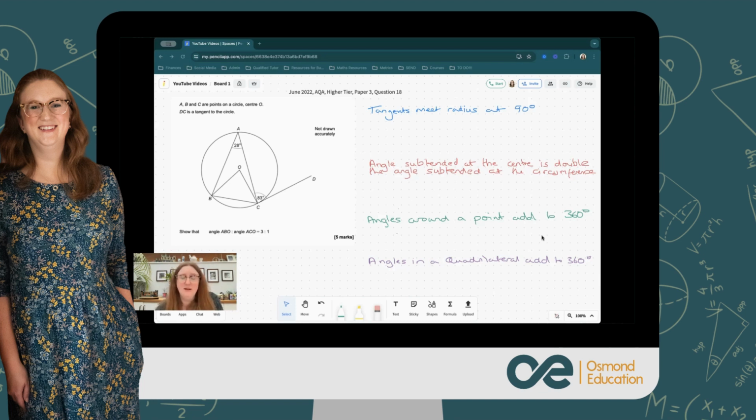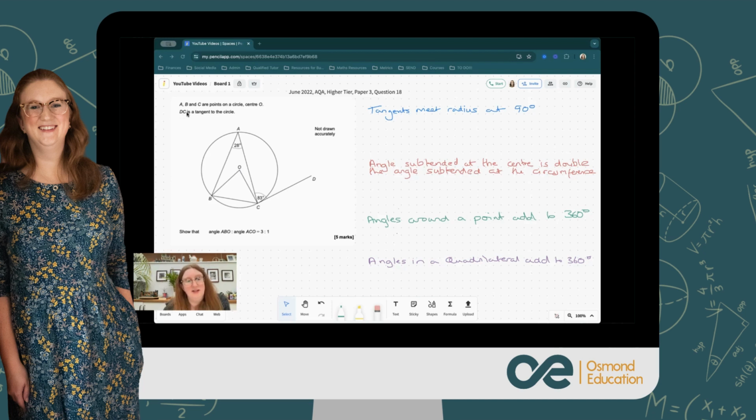There are 3 available in the mark scheme, but this is just the one that I would have gone through. So the first thing that I'm going to do is read the question. A, B, and C are points on a circle with centre O. So A, B, and C are on the outside of the circle, and O is the centre.